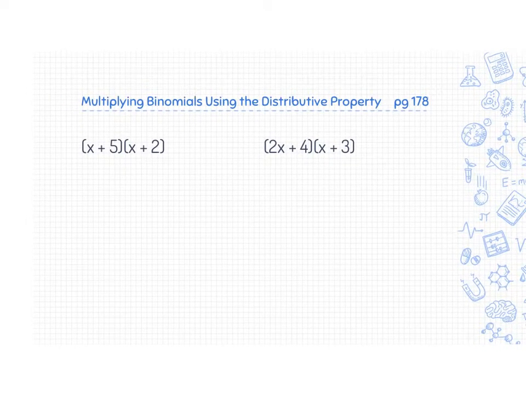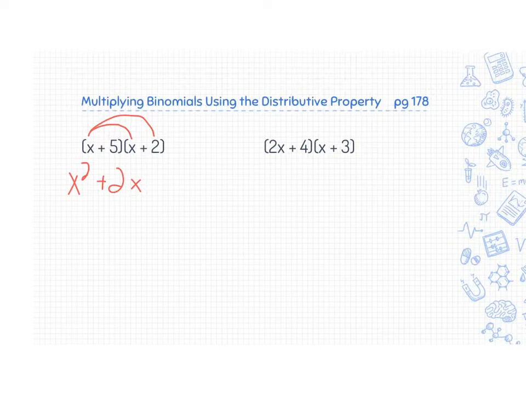So first one, I'm going to multiply by distribution. The second one I'll do area model. So I look at the first term here. We're on page 178. I'm going to take this x and distribute to my x there, and I get x squared. And then x times 2 is 2x.